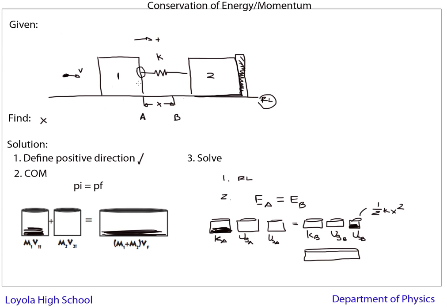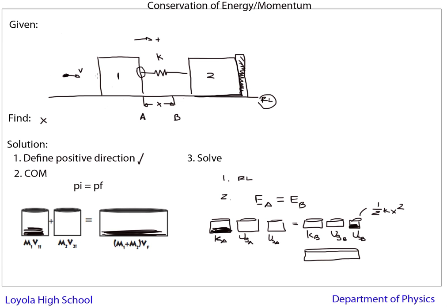However, in the problem statement, it says that the collision occurs before the spring is significantly compressed. In other words, this collision happens so quickly that the spring doesn't have time to compress.